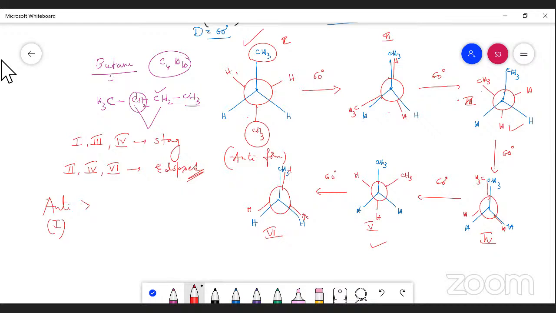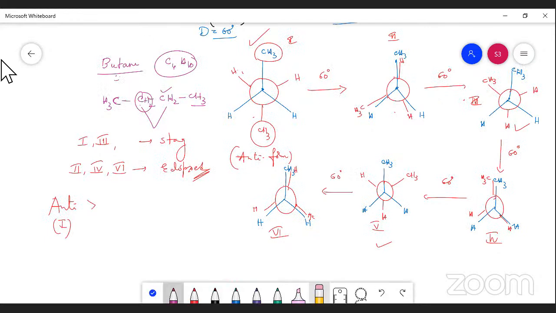The structures 1, 3, and 5 are staggered. 2, 4, 6: all odd number structures are staggered, and even number structures are eclipsed.